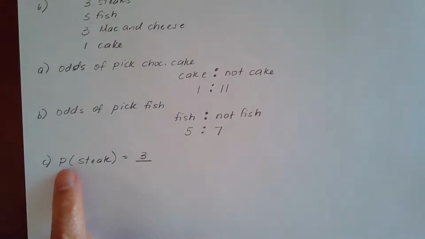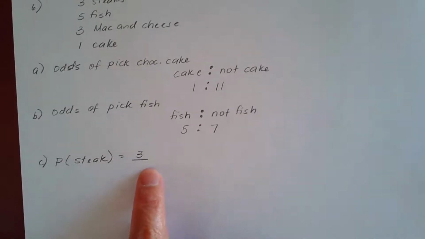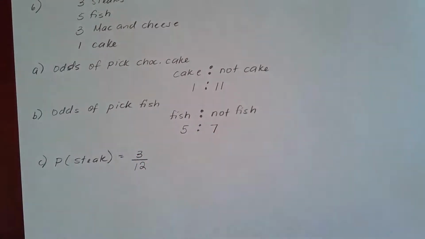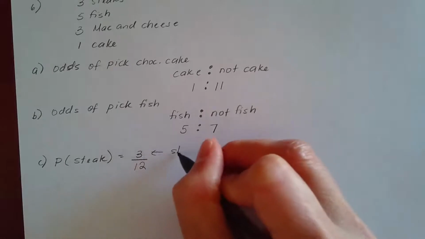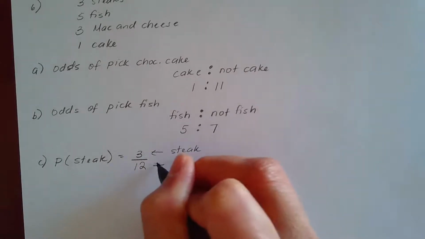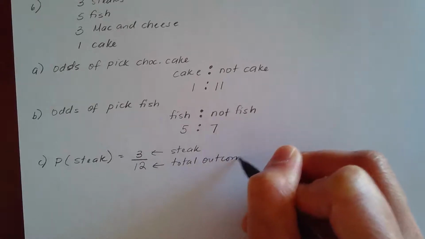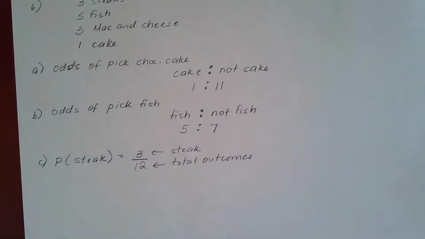Now, because it's a probability that I'm asked here, so 3 out of all of the possibilities, total possible outcomes. So 3 out of 12. Okay, so this is steak, and this is total outcomes. Means all of possibilities.